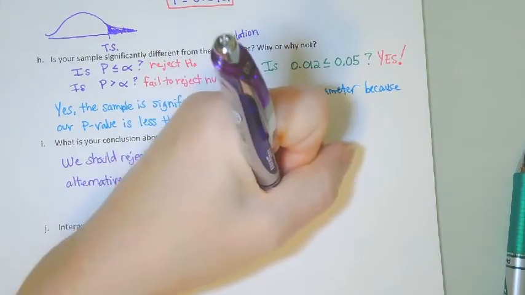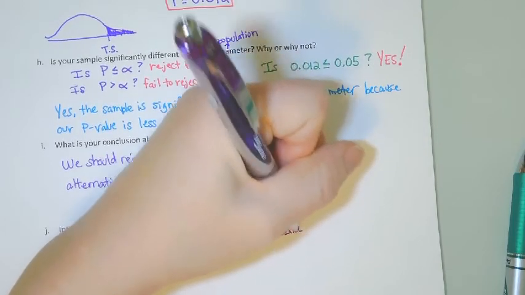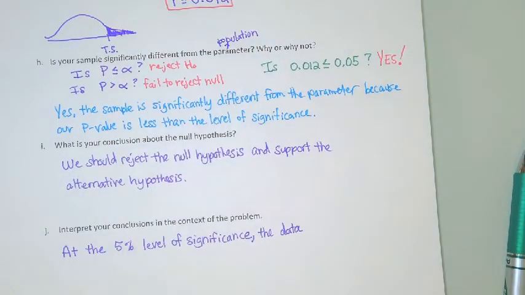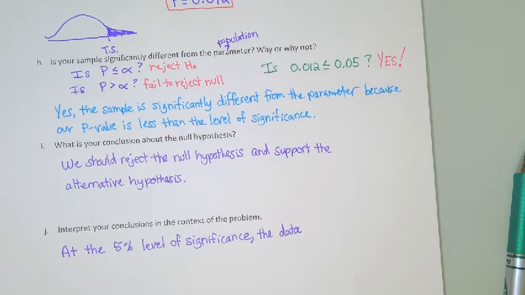The data, and now we want to think what the data supported. Did it support the null hypothesis or the alternative hypothesis? And what were those hypotheses? What did they mean in this case? We had decided that we were rejecting the null hypothesis and supporting the alternative hypothesis.